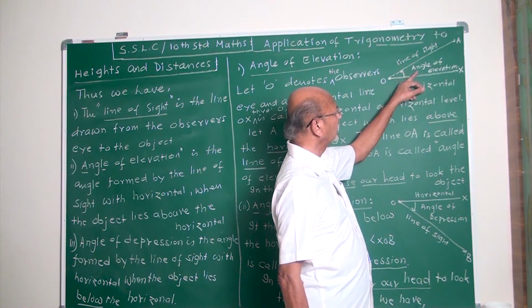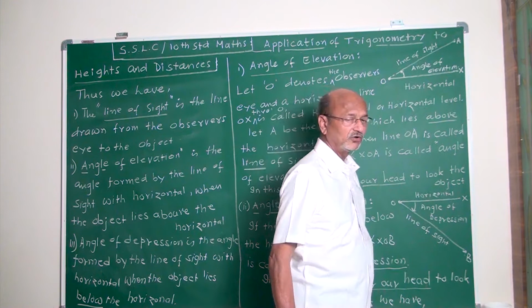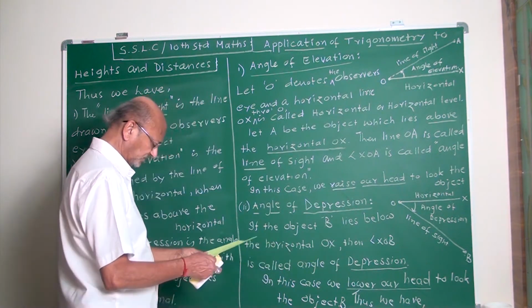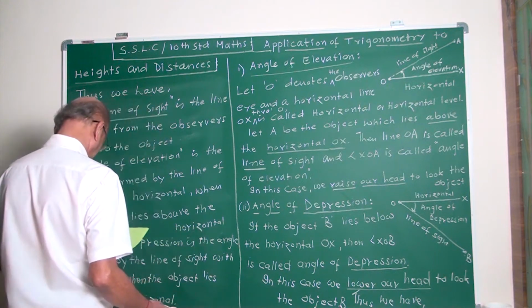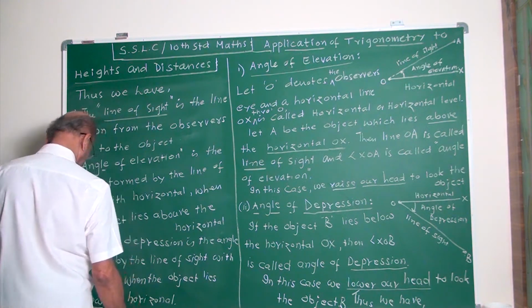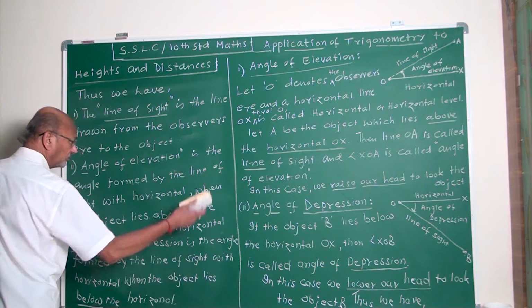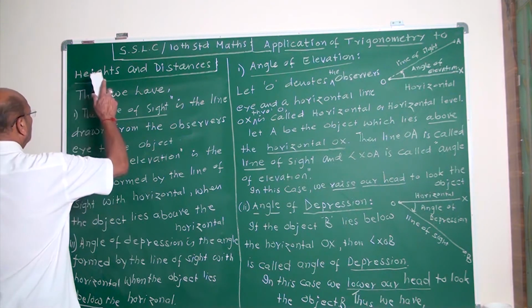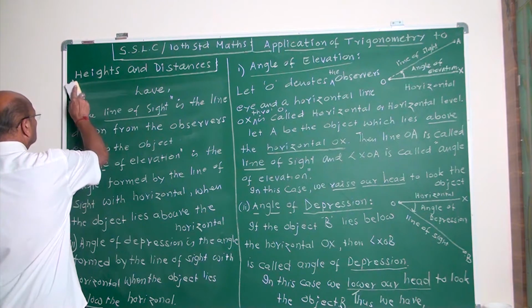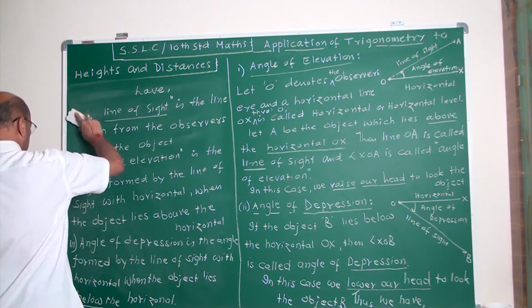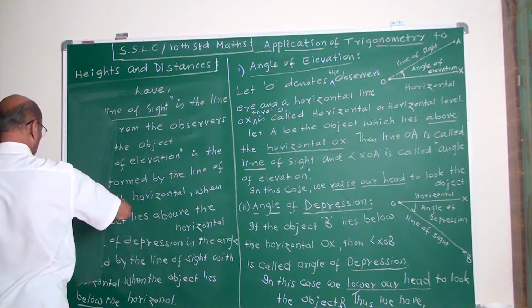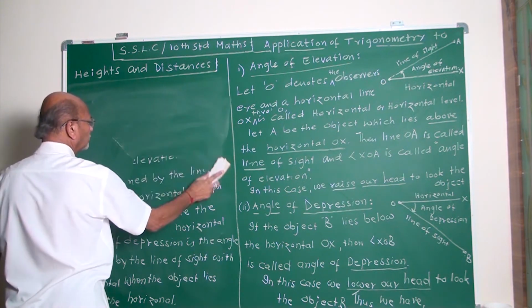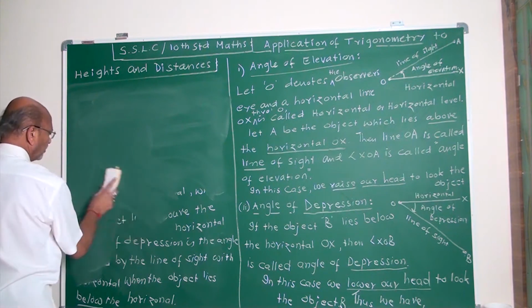The angle with this is the angle of elevation or angle of depression. Therefore, angle of elevation and angle of depression we always measure with horizontal.